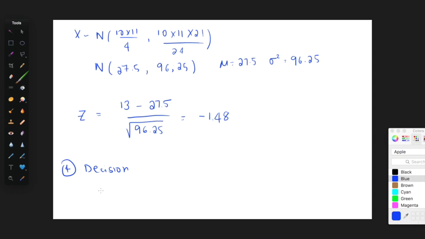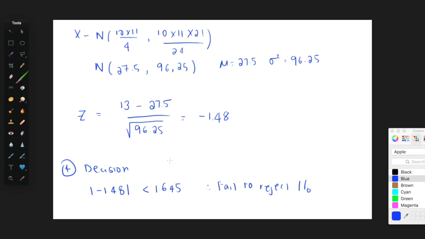Okay, so then we come to our decision. Our decision is that we have the absolute value of negative 1,48 should be less than 1,645. So if it was greater, we will reject, but it's less than, so we fail to reject H naught.